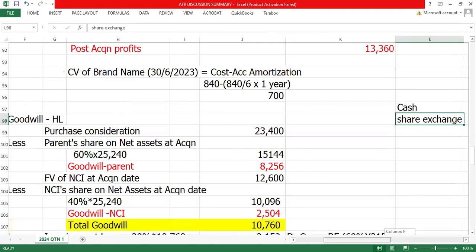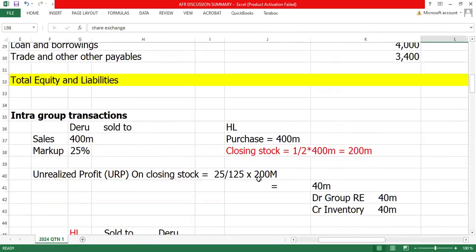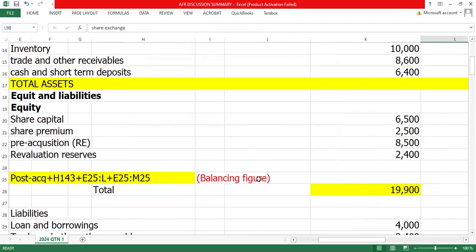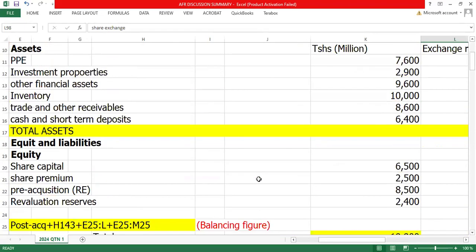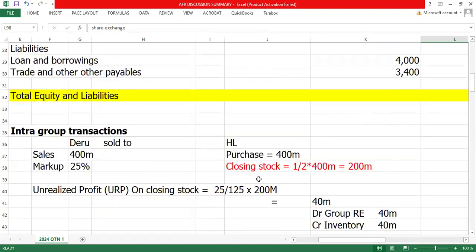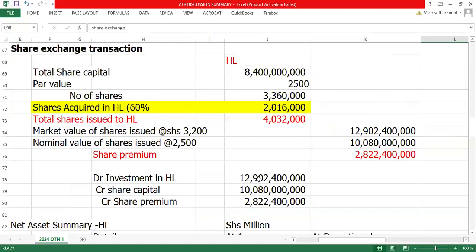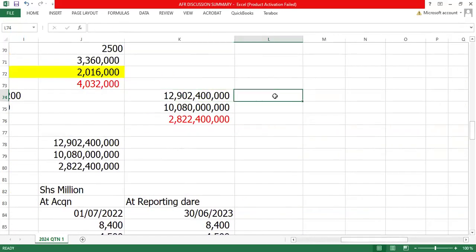The one we said is investment in HL. When I was making investment in HL, it was 12,902. Okay, let me put it here.